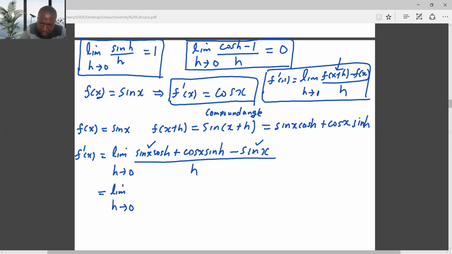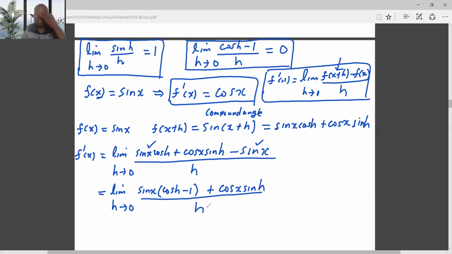Actually, let's take a common factor between these two only. So this will be sine x into cos h minus 1, just these two only, plus then we leave this one, cos x multiplied by sine h, then divide by h. I believe you guys are following.